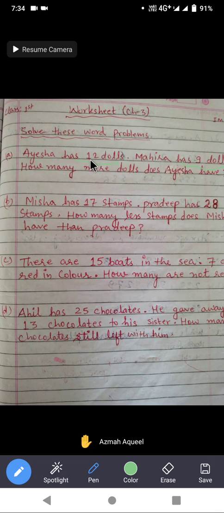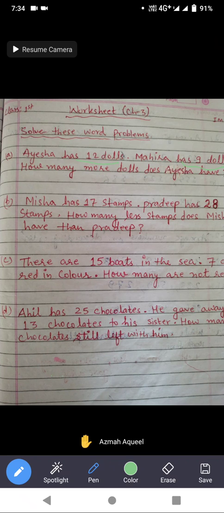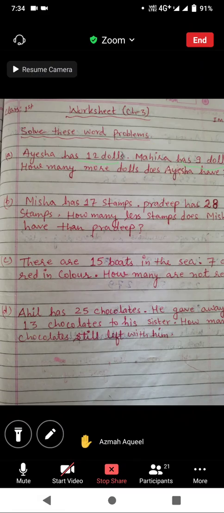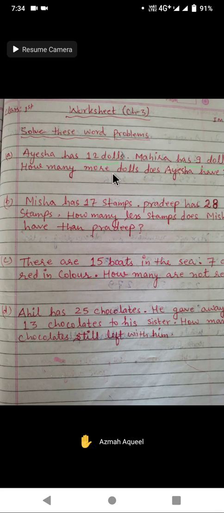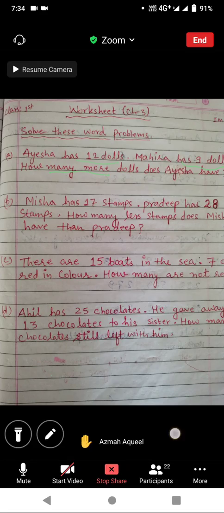So to find out how many more, what do we do here? Yes, students. So the keyword here is more. How many more? So what do we have to do?